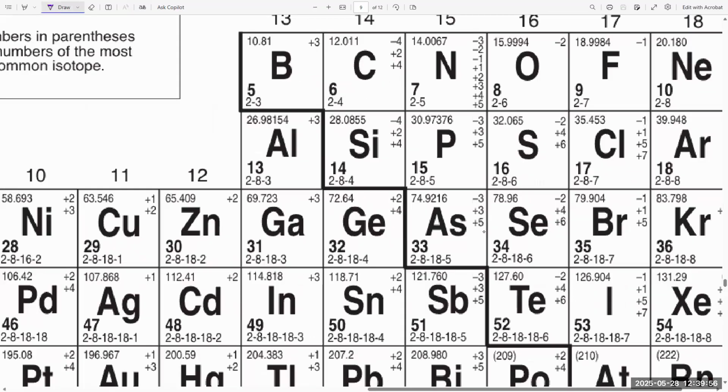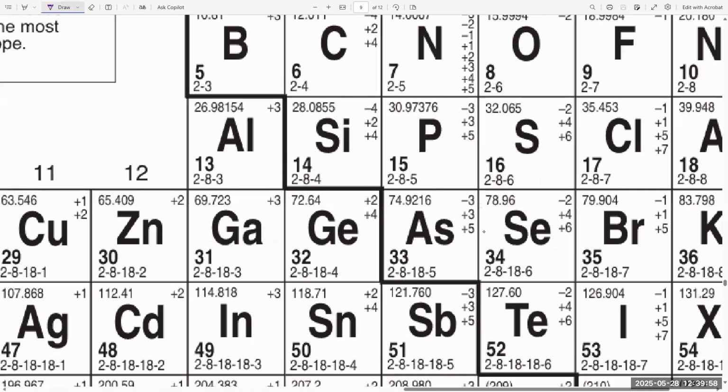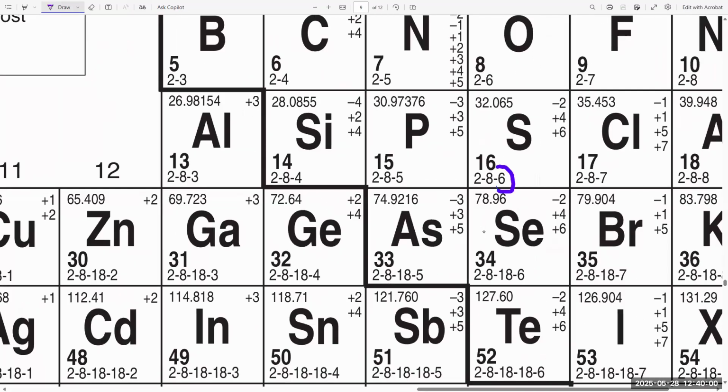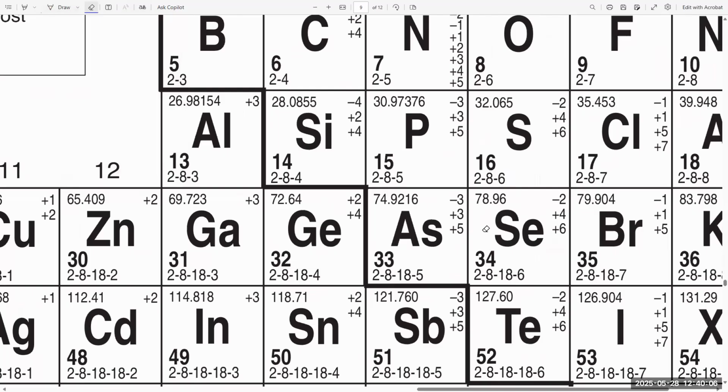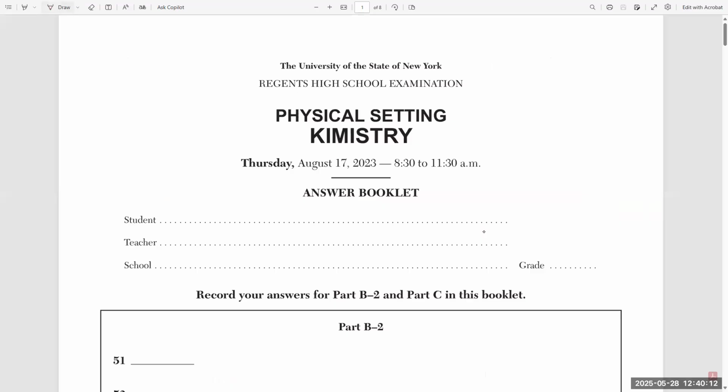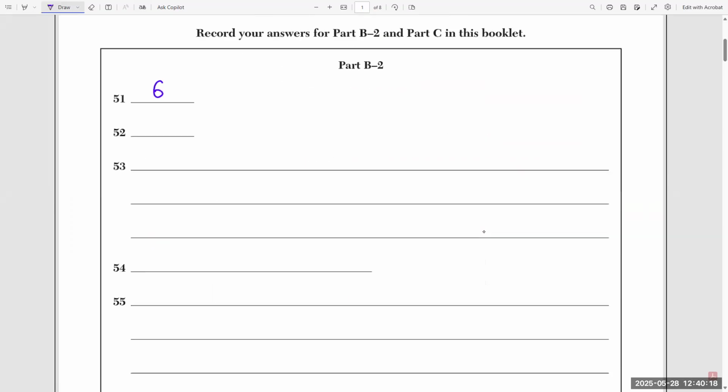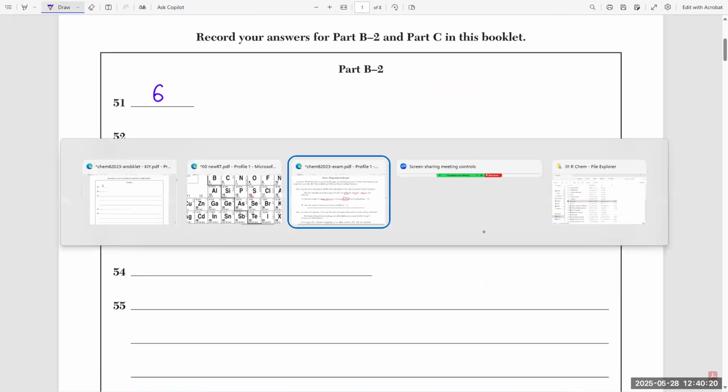The number of valence electrons is the last set of electrons right here, right? So therefore, the number would be actually 6, right? See that? So your answer here would be 6, like so. Okay, let's go to 52.